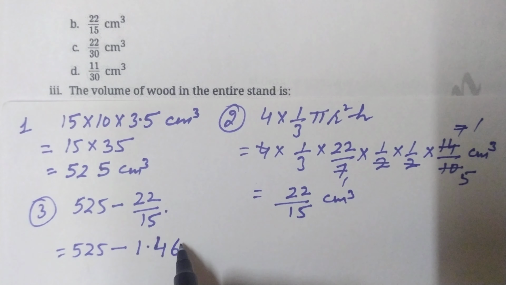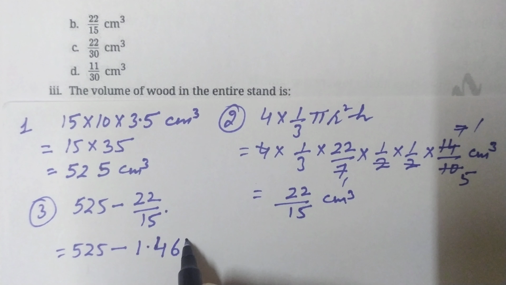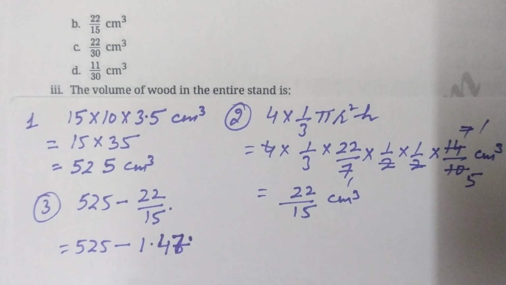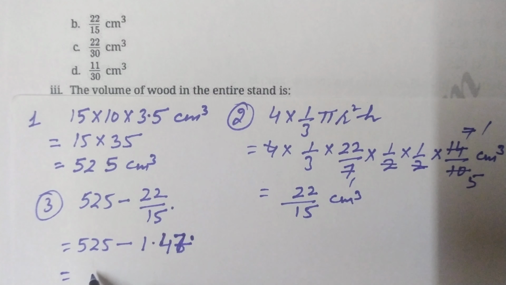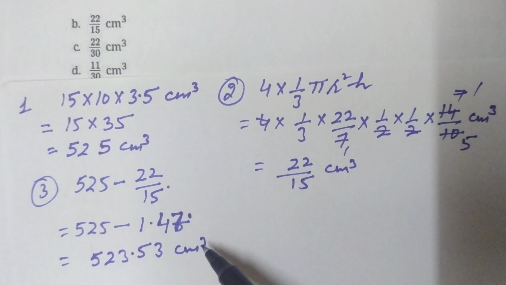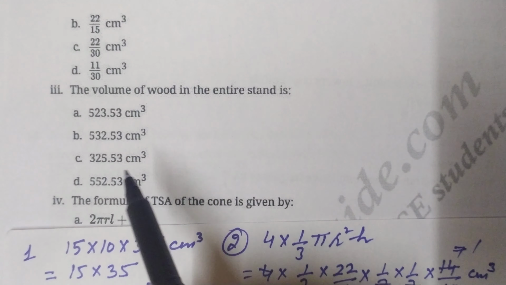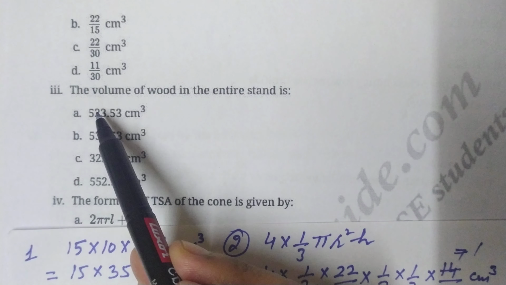We can round this and write 1.467, or approximately 1.47. If I subtract these two, I'll get 523.53 centimeter cube. This will be our answer for the third part, 523.53. So A option is correct here.